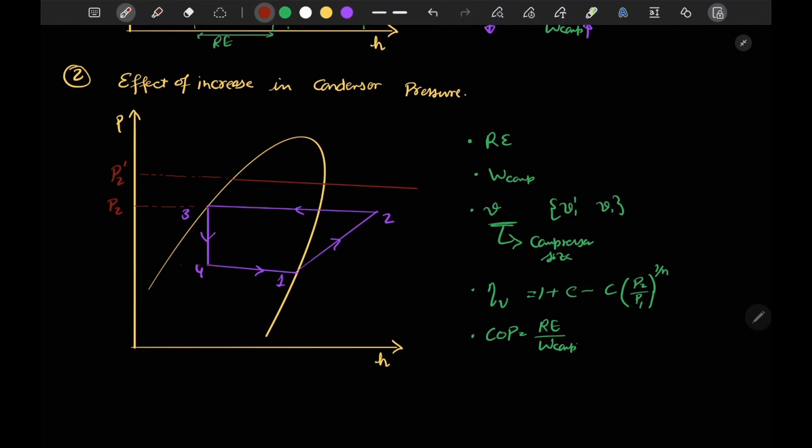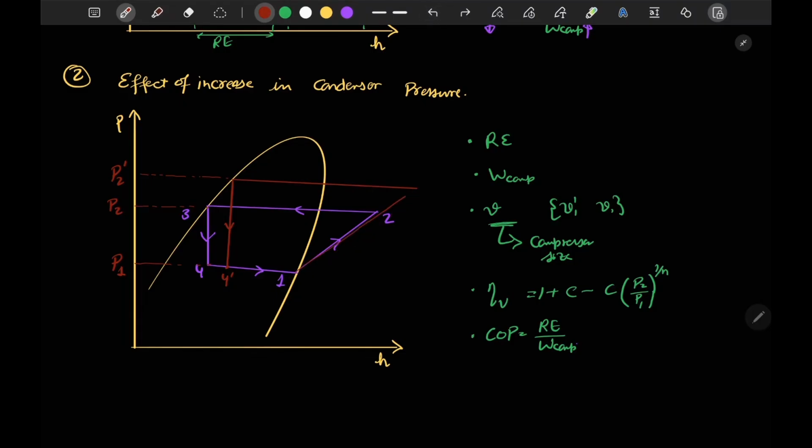The evaporator pressure P1 remains the same this time. Now from point 3 we proceed with the throttling operation, so we get 3 dash to 4 dash. Then 4 dash to 1, and from 1 again to 2 dash.